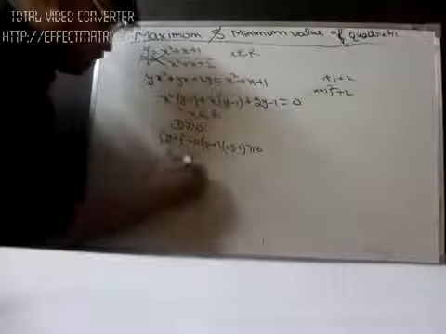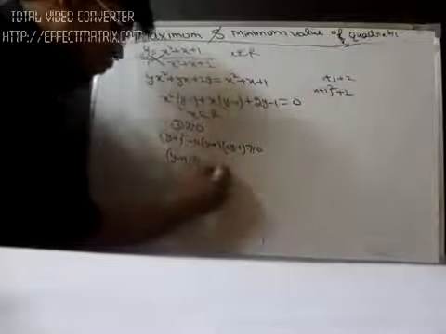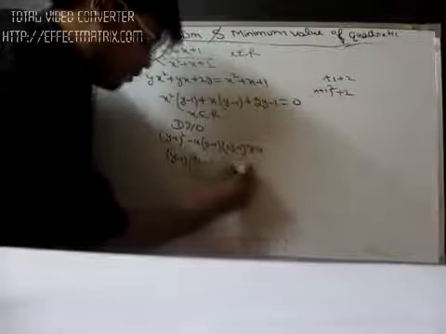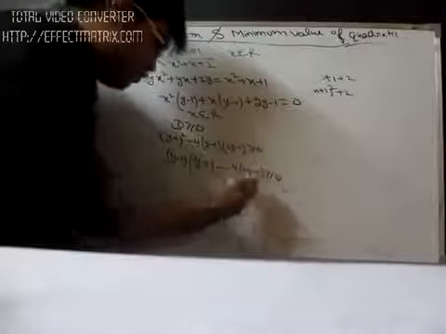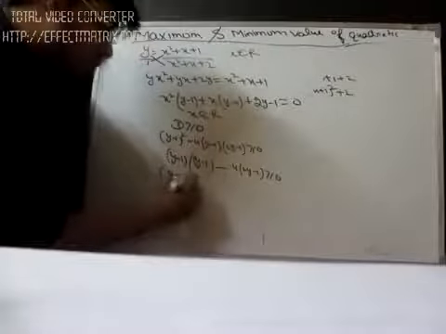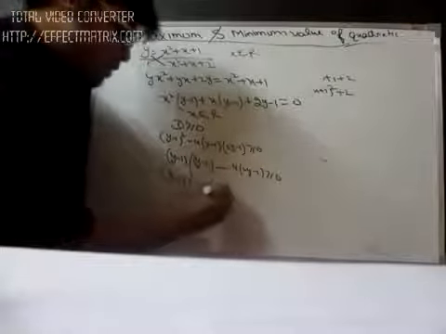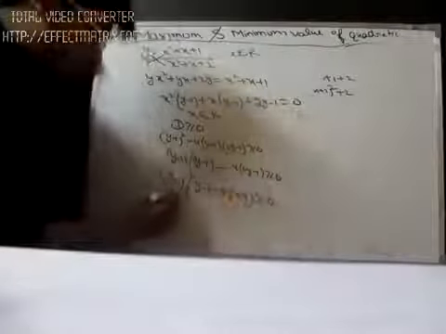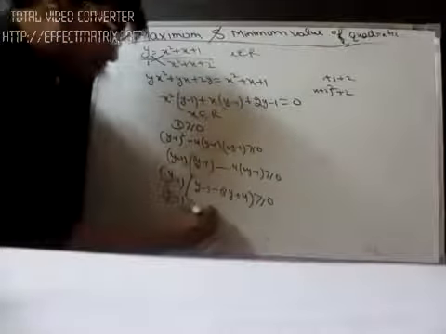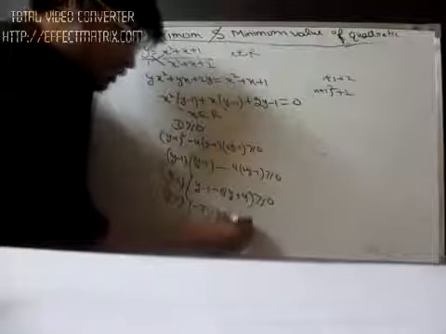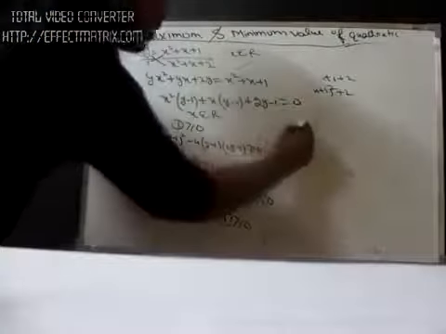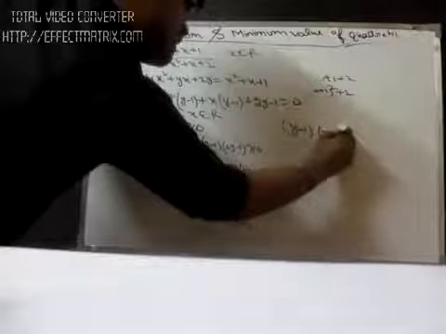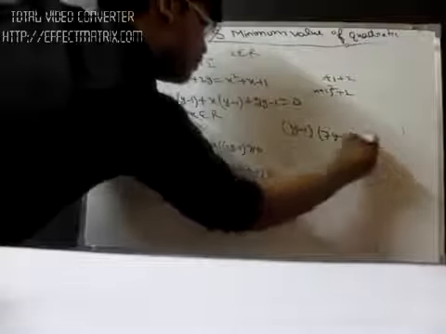So (y minus 1) times ((y minus 1) minus 4 into (2y minus 1)) is greater than or equal to 0. So (y minus 1) times (y minus 1 minus 8y plus 4) is greater than or equal to 0. So (y minus 1)(minus 7y plus 3) is greater than or equal to 0. So (y minus 1)(7y minus 3) is less than or equal to 0.